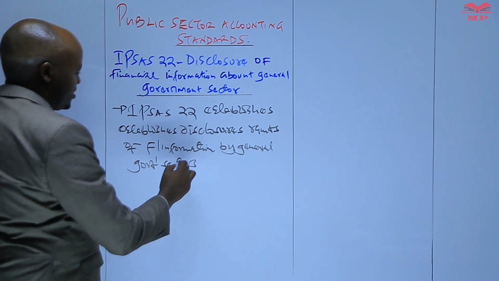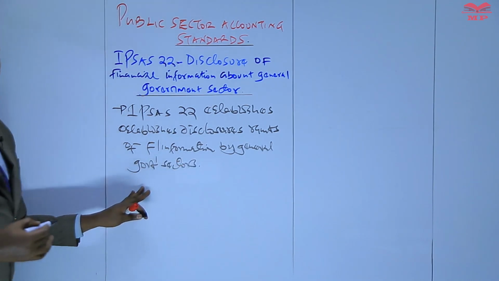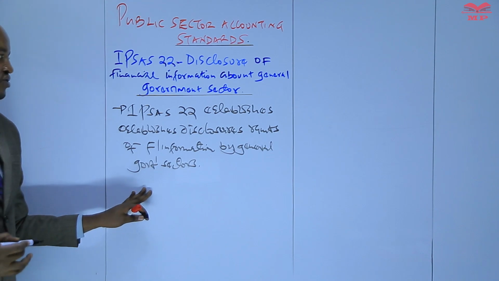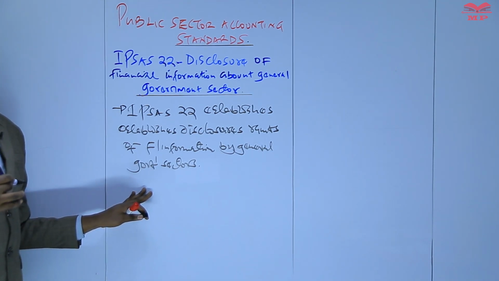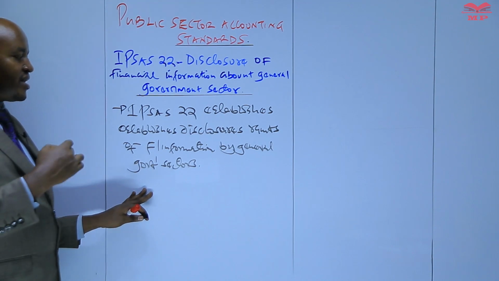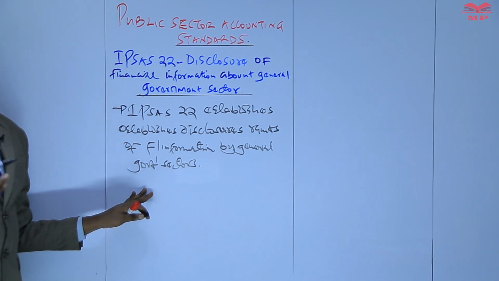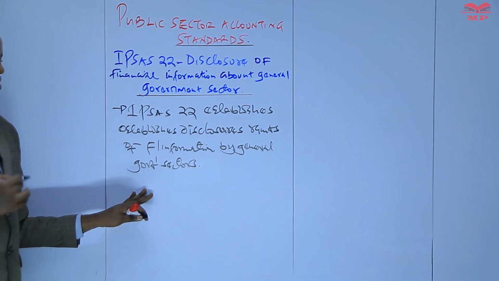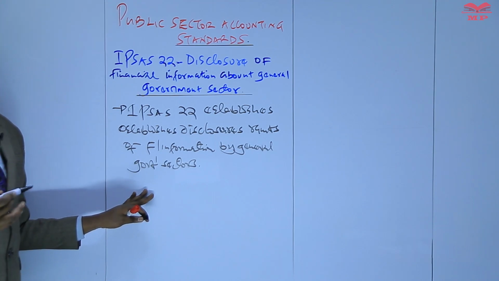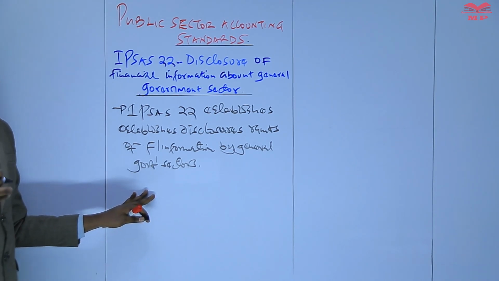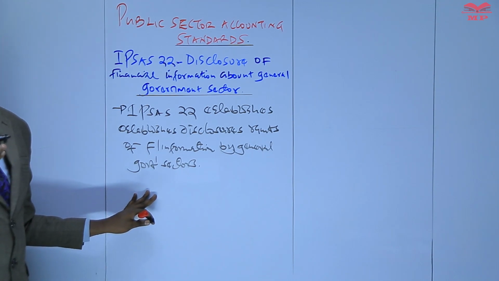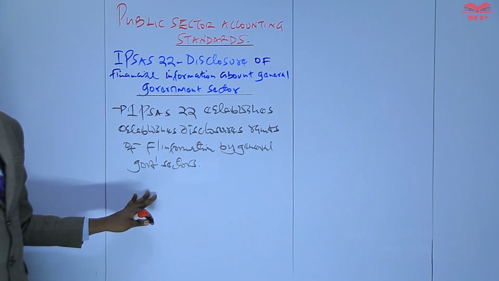Basically, what that means is that IPSAS 22 outlines the financial information which needs to be disclosed by the general government sectors, or basically by the public sector entities.